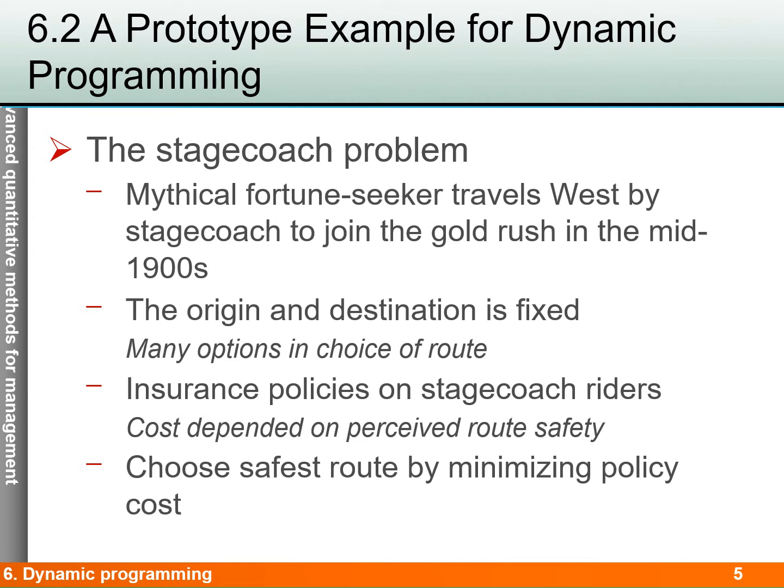The possible routes that exist for this fortune seeker, we can see in the next slide, where each state is represented by a circular letter, and the direction of travel is always from left to right in the diagram.